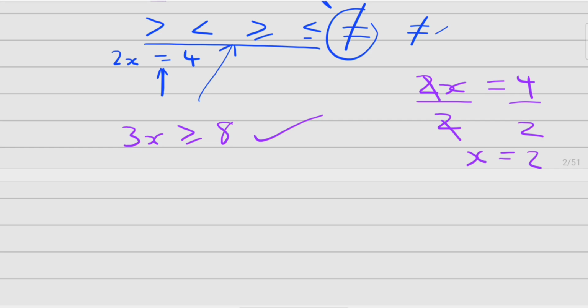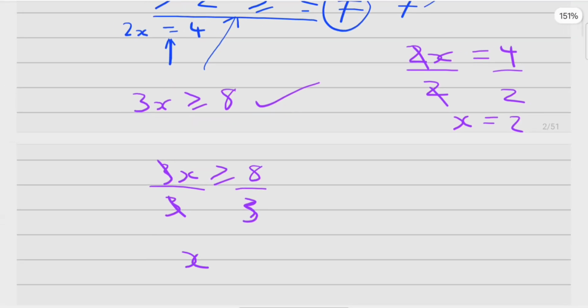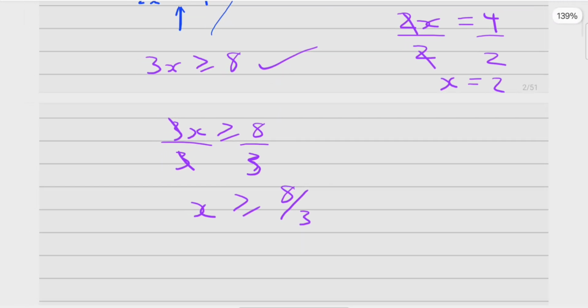So we divide by 3 both sides, so that will be 3x. Let me just rewrite this. Then we divide both sides by 3, right? So x will be greater than or equal to 8 over 3, right? And that will be our answer, right?